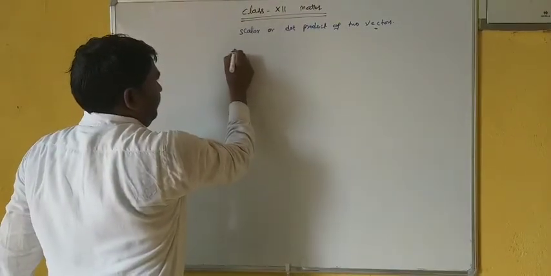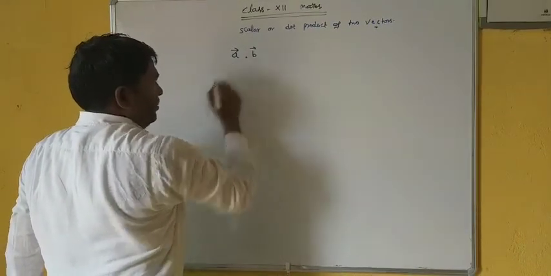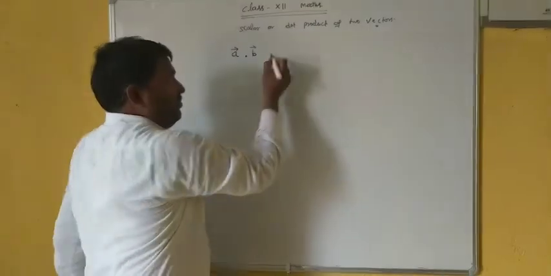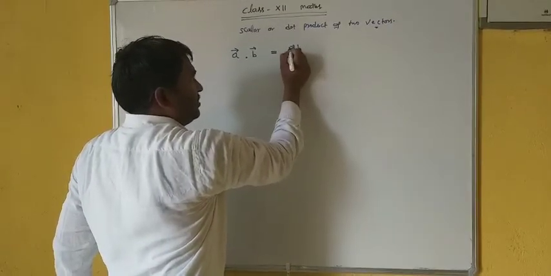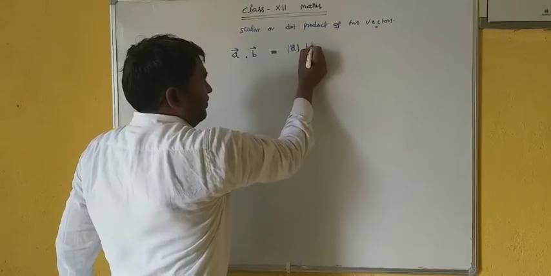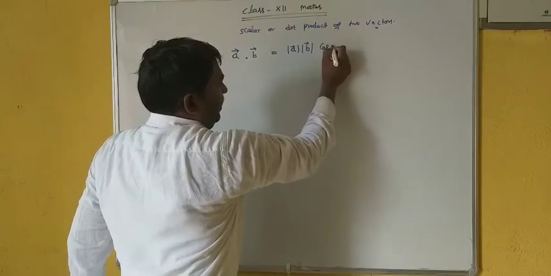Let A be a vector and B be another vector, then A vector dot B vector will be given by modulus of vector A, modulus of vector B, and cos of the angle between them.